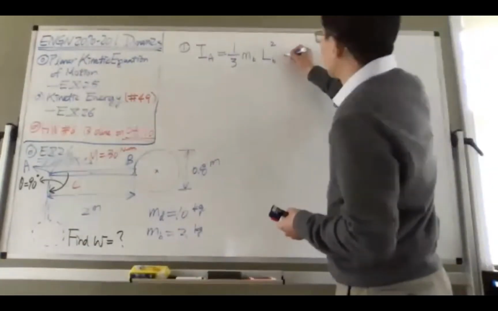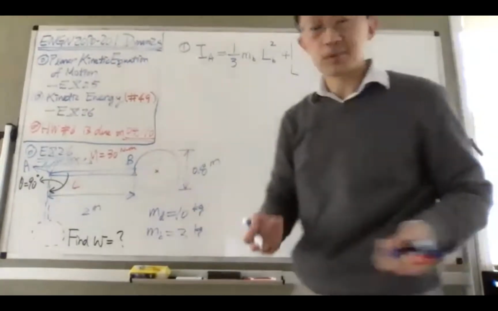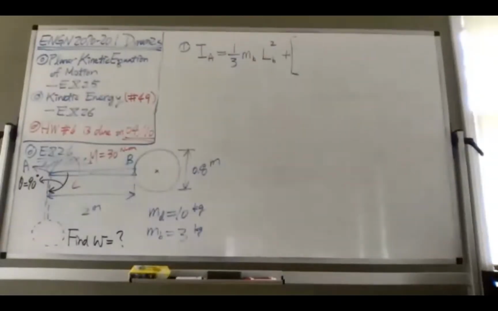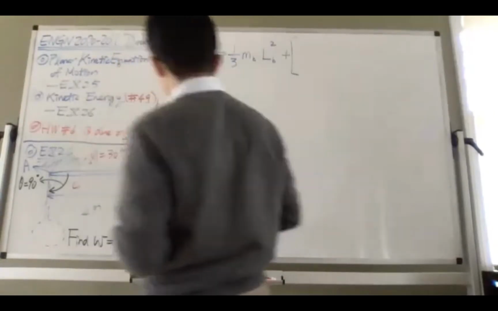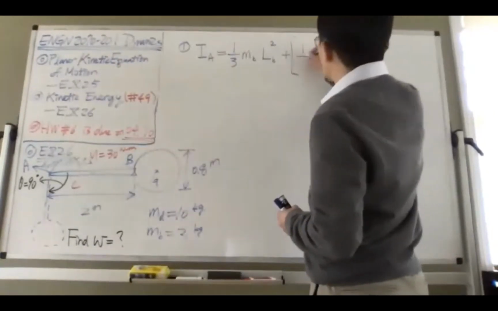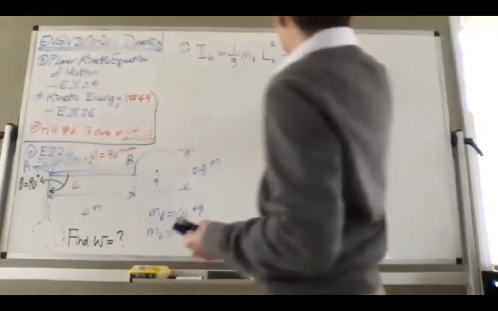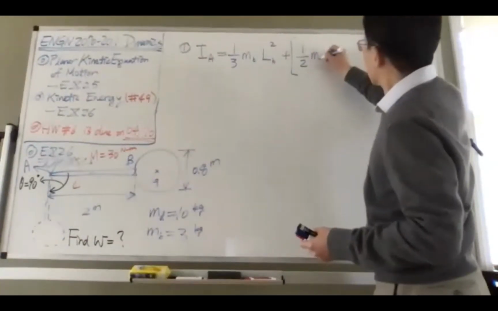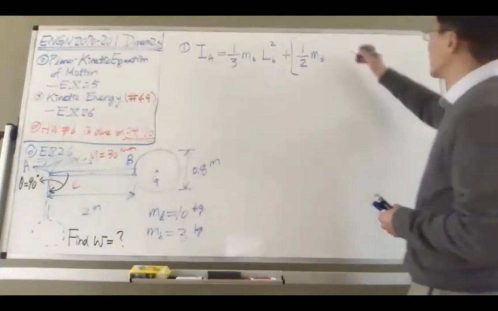And then we have to add the other term, which is this guy. And now for this guy, we really need two terms. The first one is at the center of gravity, which is at the center of the disk. And that is 1/2 of the mass of the disk times the radius of the disk.